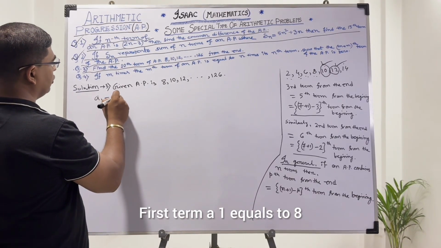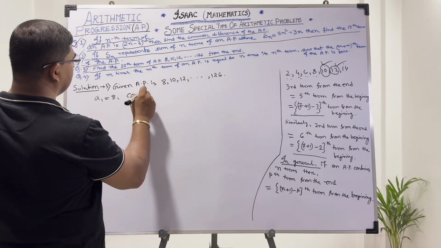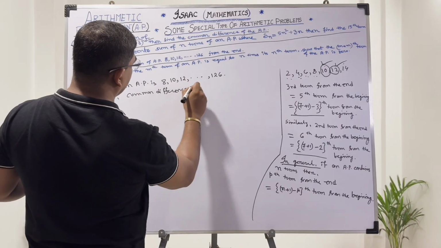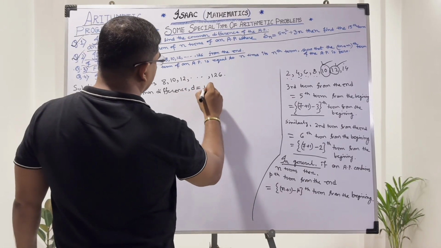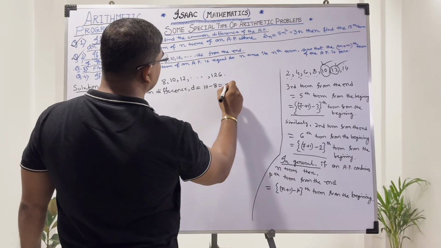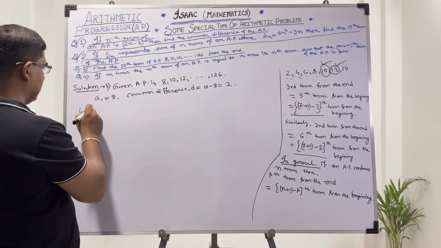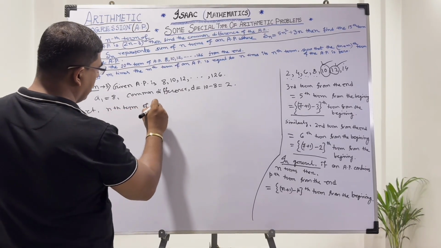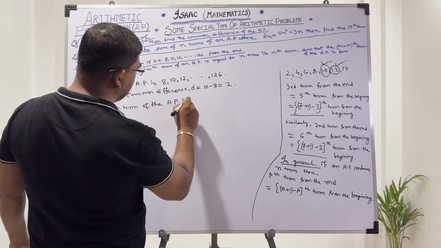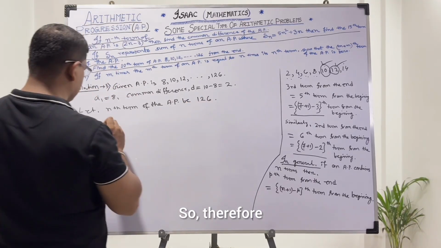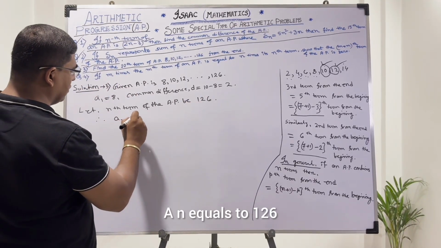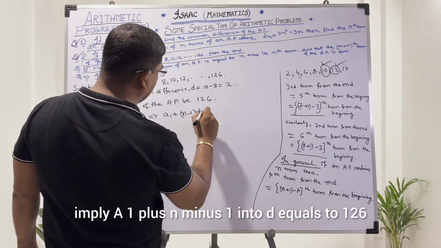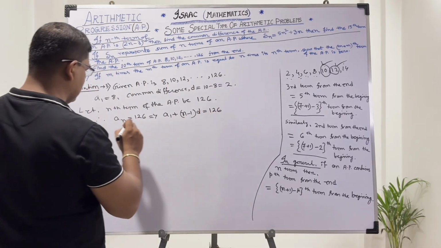First term A1 equals to 8. Common difference D equals to 10 minus 8 equals to 2. Let nth term of the AP be 126. So therefore, An equals to 126 implying A1 plus n minus 1 into D equals to 126.